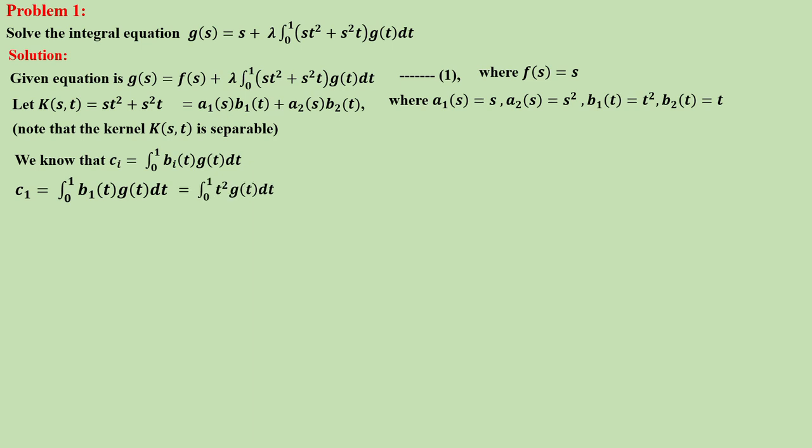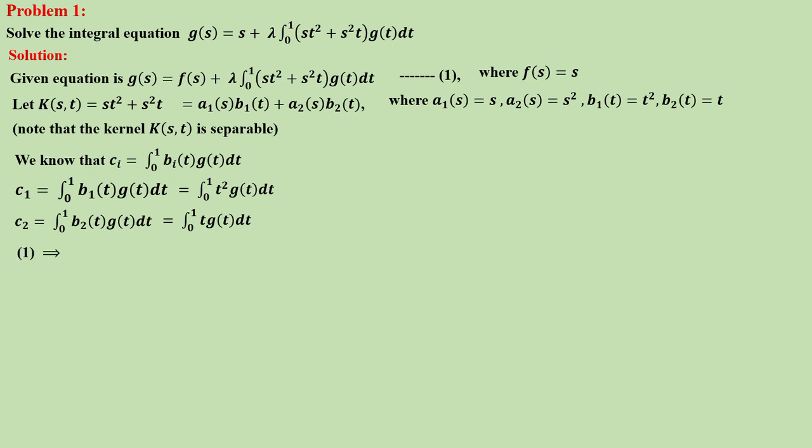Putting i = 1, c₁ = ∫₀¹ b₁(t) g(t) dt, which is equal to ∫₀¹ t² g(t) dt. For c₂, substituting i = 2, we get ∫₀¹ b₂(t) g(t) dt, which is equal to ∫₀¹ t g(t) dt.